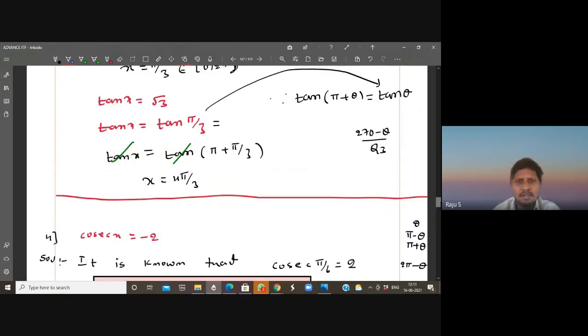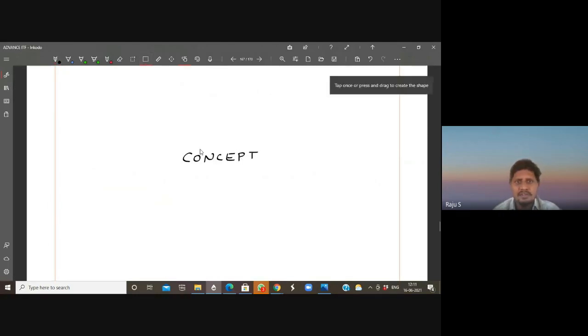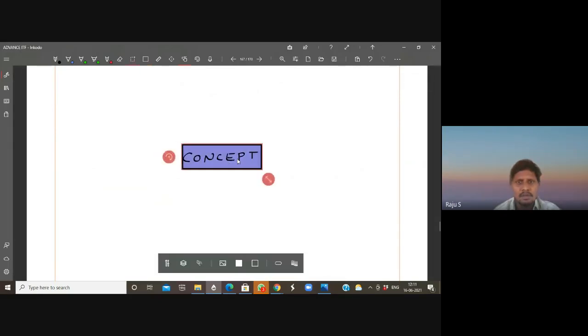Now I am going to tell you how we will write the general solutions for sine, cos, tan. Before this, I am going to explain the concept. Let us see the concept first.